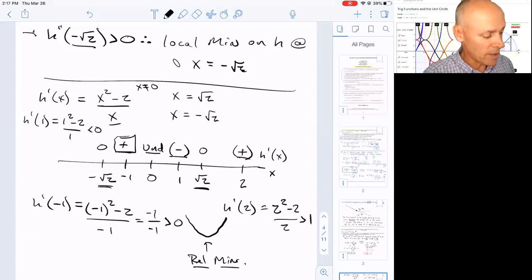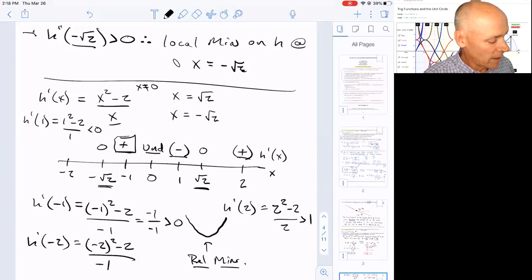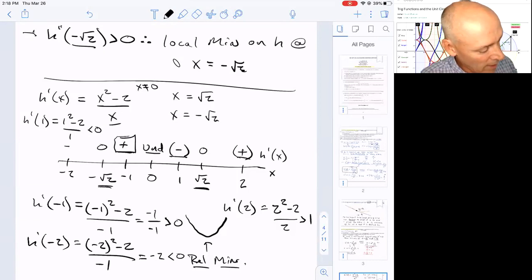It's like what I saw over here. Now, if I go to the other side and use negative 2, h prime at negative 2 is equal to negative 2 squared minus 2 over negative 2. I get 4 minus 2 is 2, over negative 2, which is going to be negative 1. So on the other side, my derivative changes signs to negative.